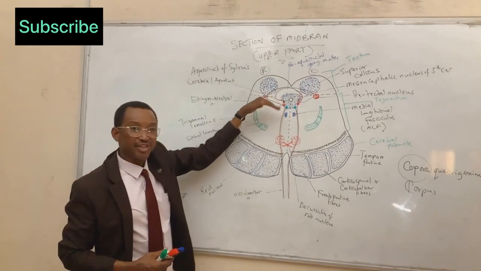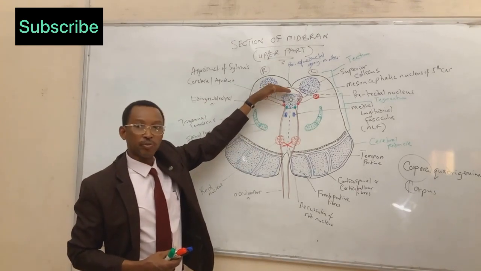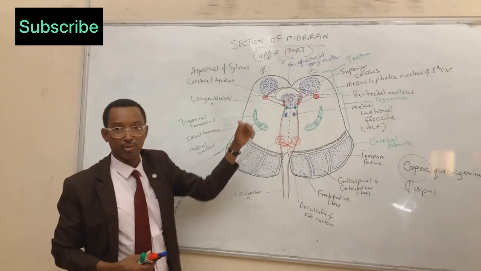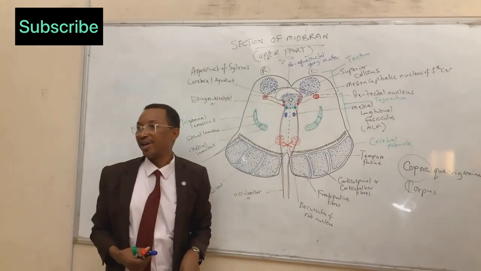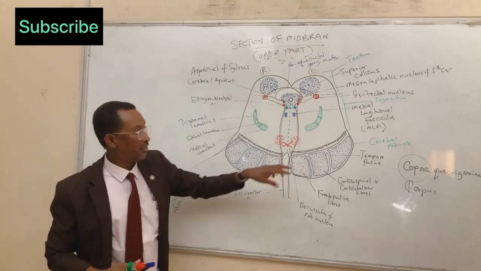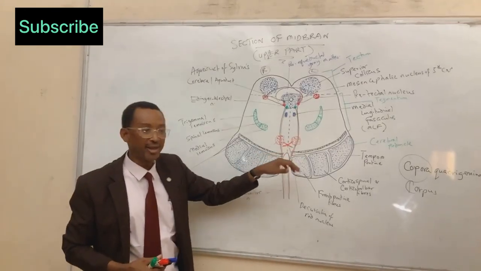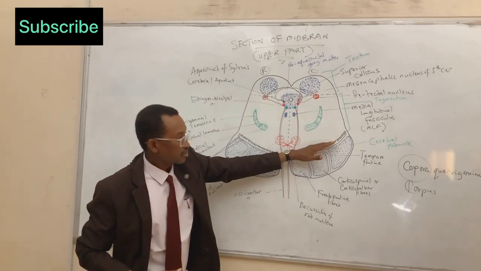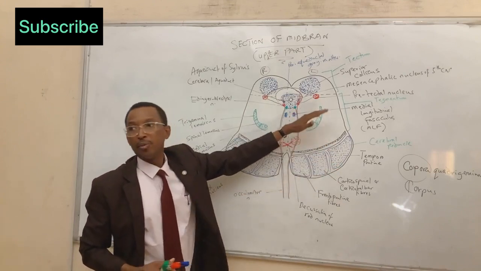Anything anterior to this imaginary line dividing the tectum from the cerebral peduncle is the cerebral peduncle, and the cerebral peduncle is also further subdivided into two parts by the substantia nigra that we discussed before, which I will also discuss now again. So this substantia nigra demarcates one anterior part and another posterior part.